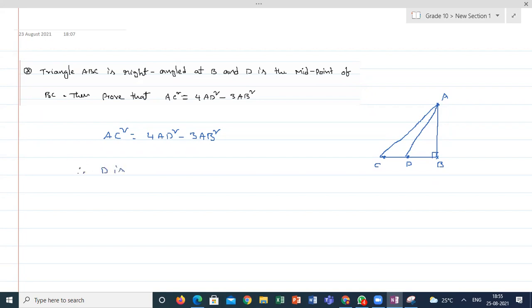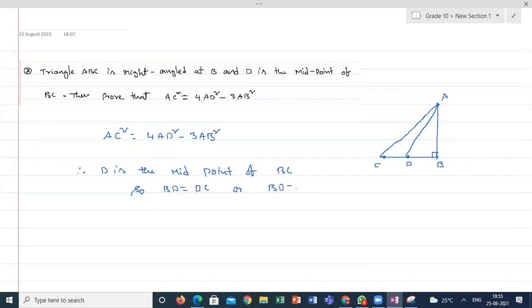Since D is the midpoint of BC, BD is equal to DC.